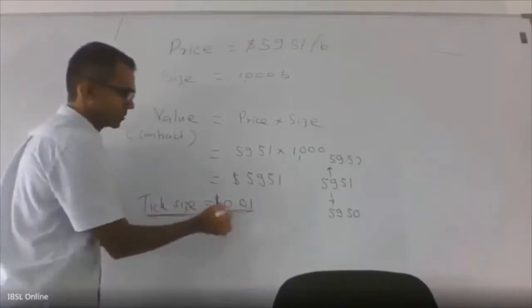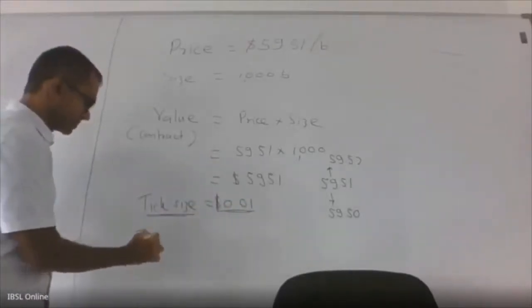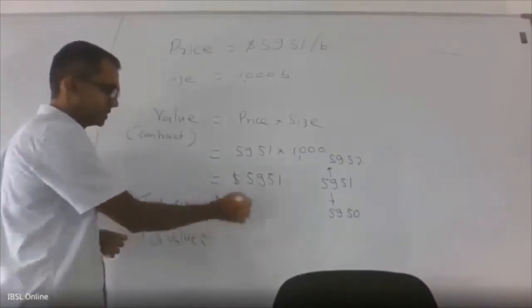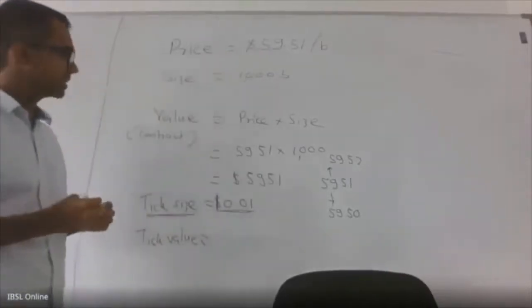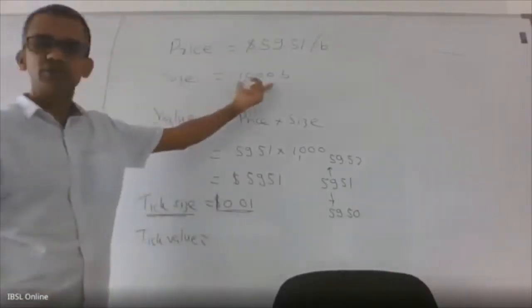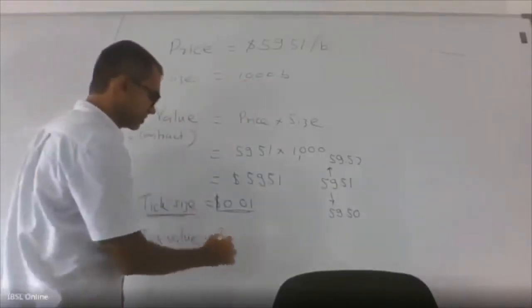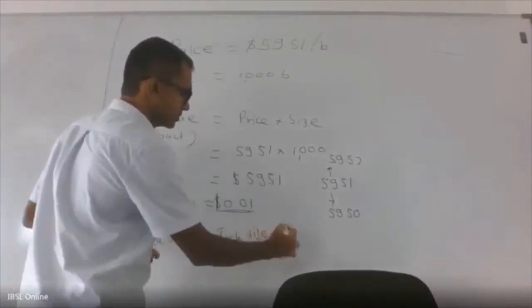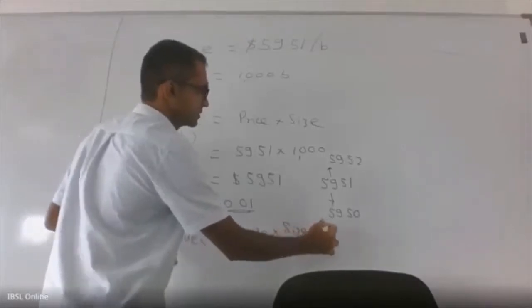It is 0.01. What is tick value? This is the tick size per 1 unit, but the contract is for 1,000 barrels. So the tick value is again tick size times the size of the contract.